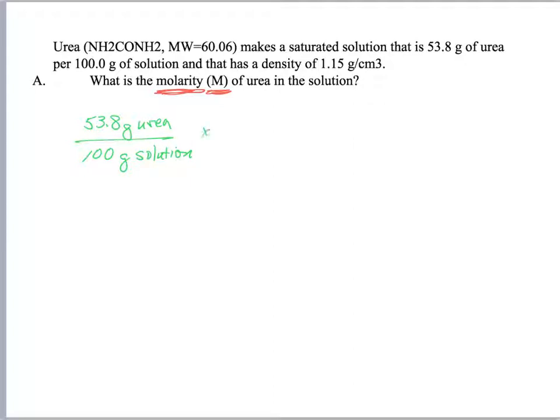And again, we're given the molecular weight of urea, so we know that 1 mole of urea is 60.06 grams of urea.